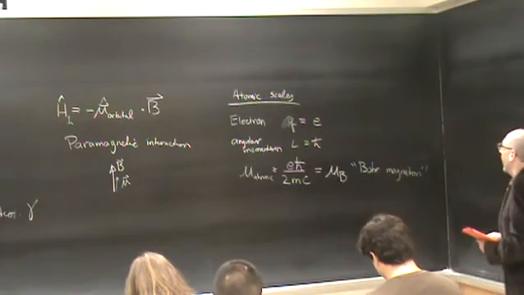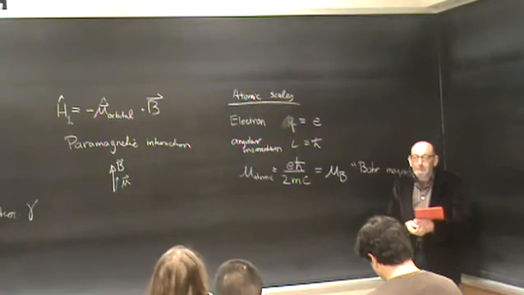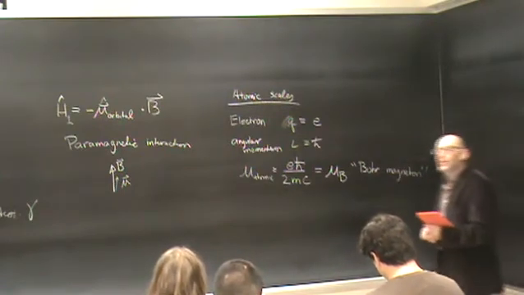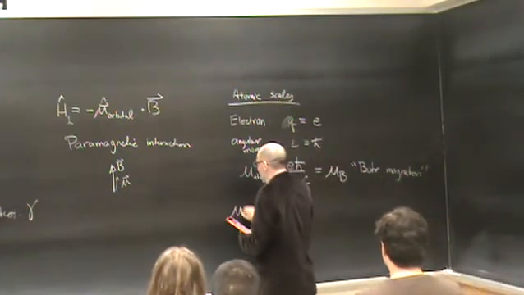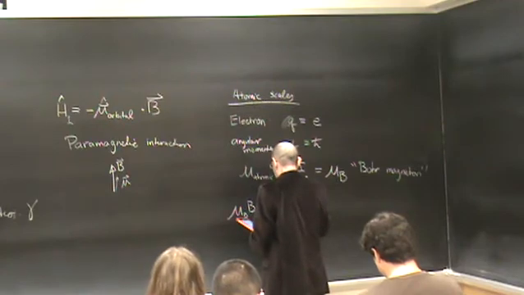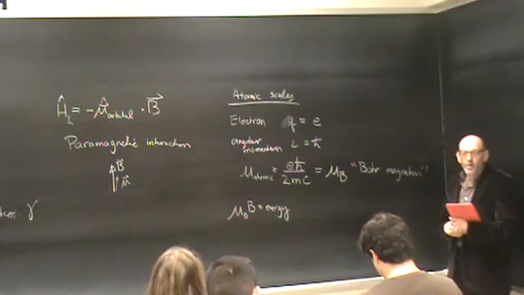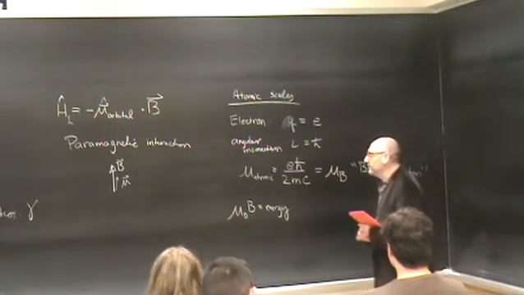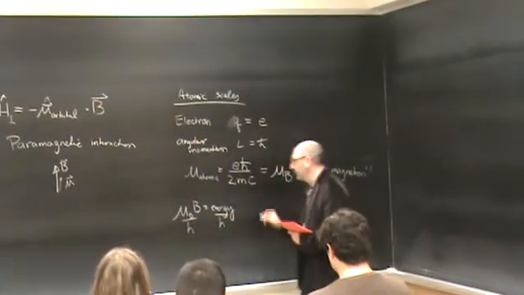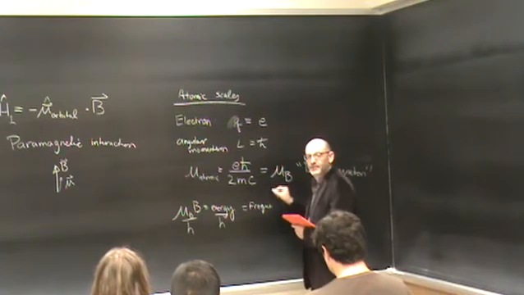And what are its units? Well, who knows what the units are of magnetic dipole moment. But we do know that mu B times B is an energy. So if I write this in terms of frequency by dividing by Planck's constant, h nu is energy.